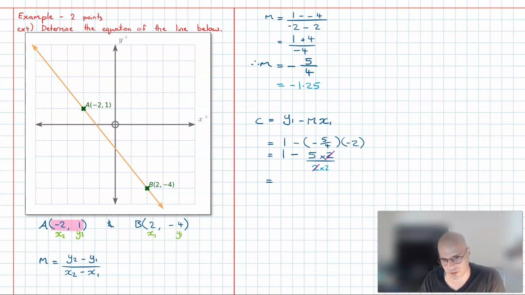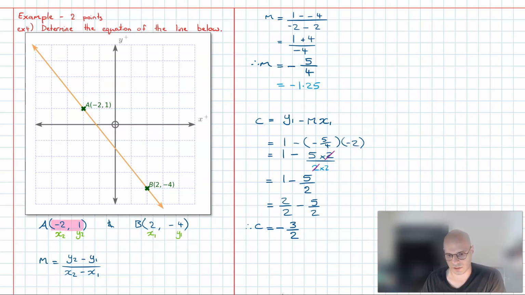So this is going to become 1 take 5 over 2. Writing this as a fraction, the 1 is going to become 2 over 2 take 5 over 2. So the y-intercept in this instance is going to be negative 3 over 2.